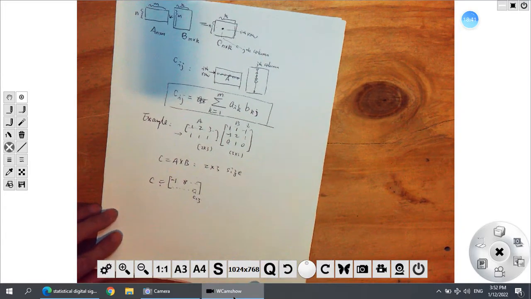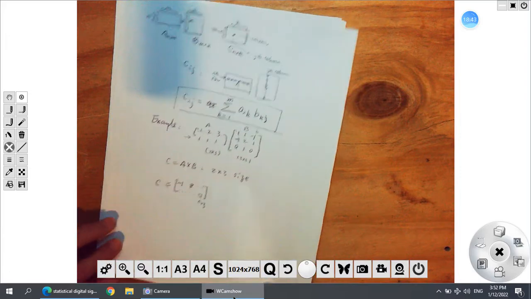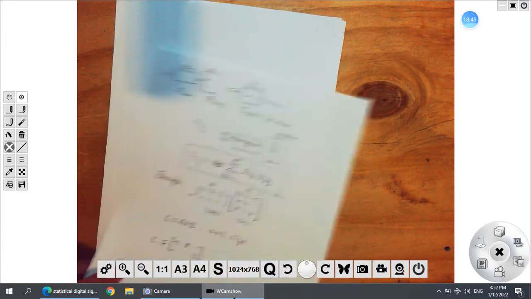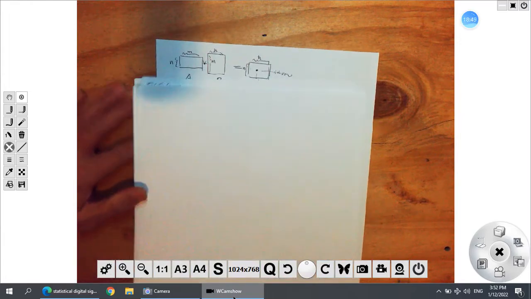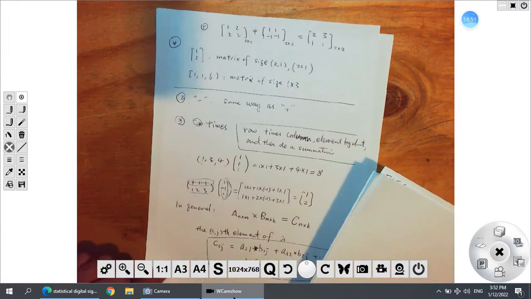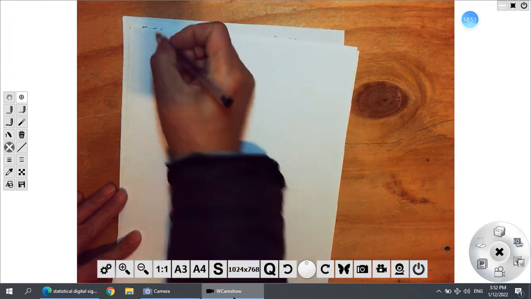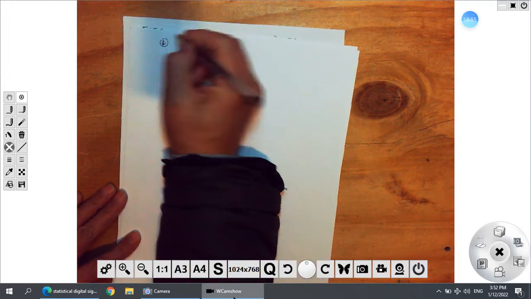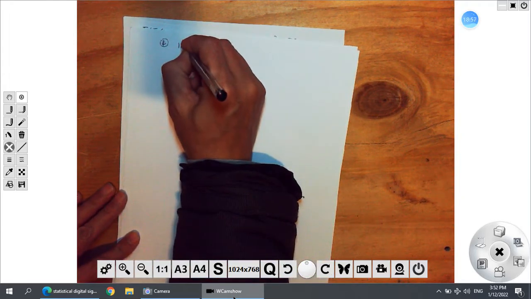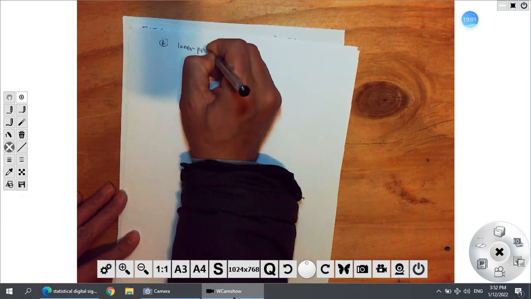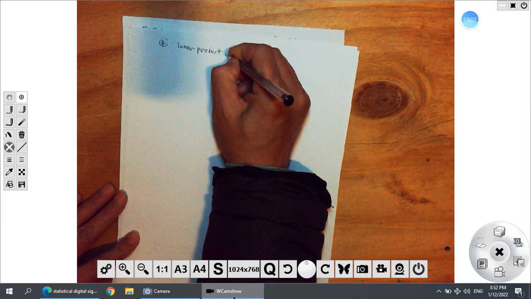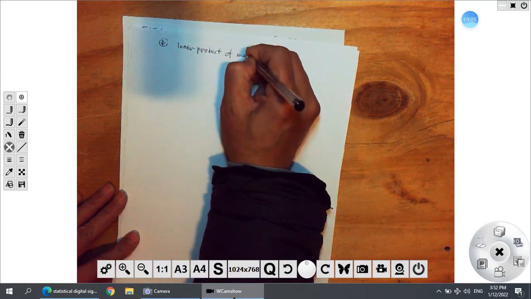We have four: the first is summation, the second one is subtract, the third one is multiplication, and the fourth one is inner product, the product of vectors.